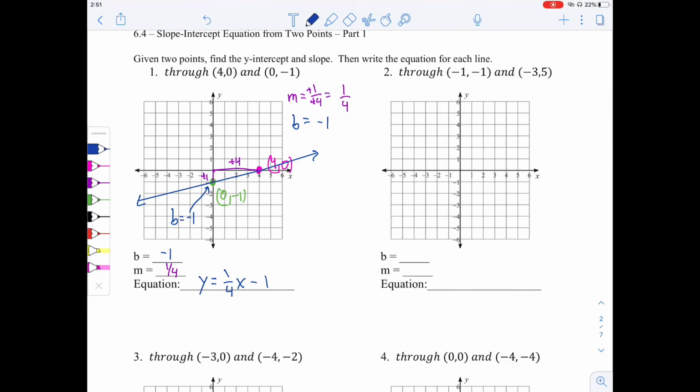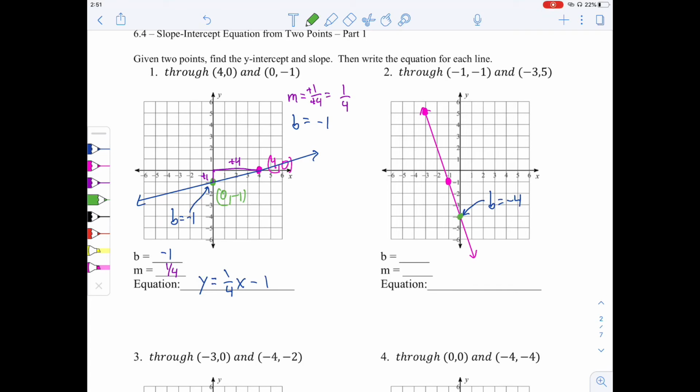Okay, let's try the next one. So (-1, -1) is right there, and then (-3, +5) is right here. Those are our 2 points, and then we're going to graph it right there. We're going to see where it intersects the y-axis. So the y-axis is right there, so b equals -4. I want to figure out what the slope is.